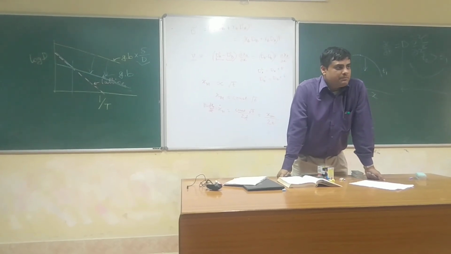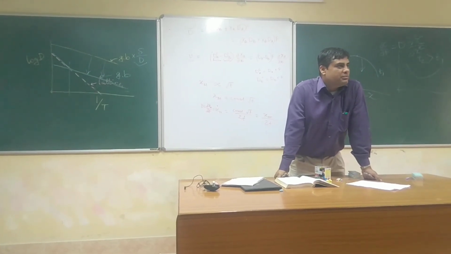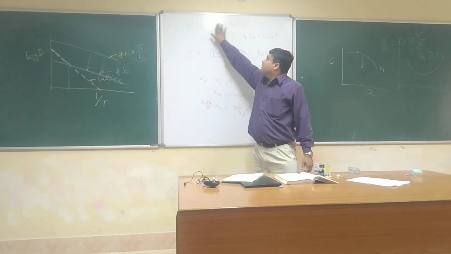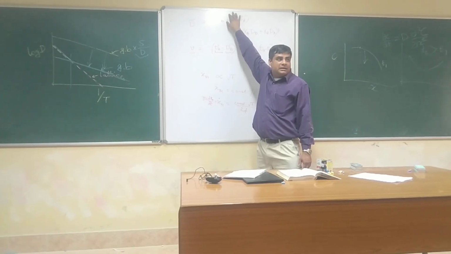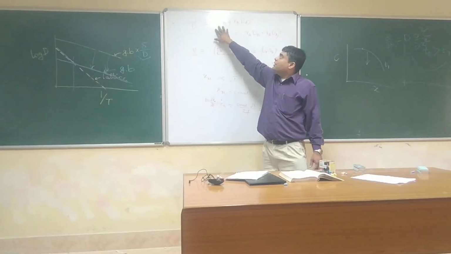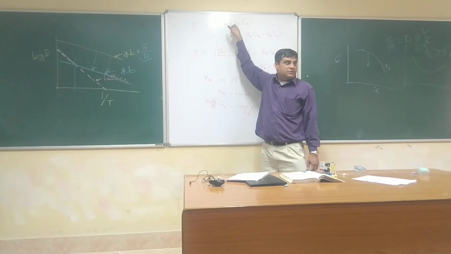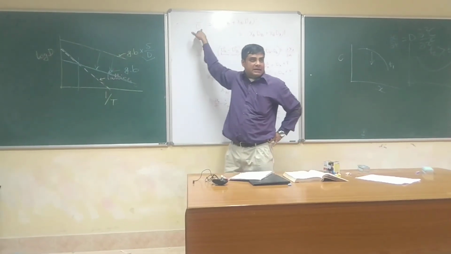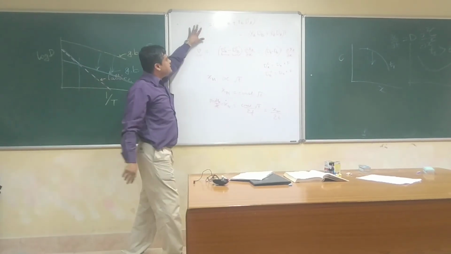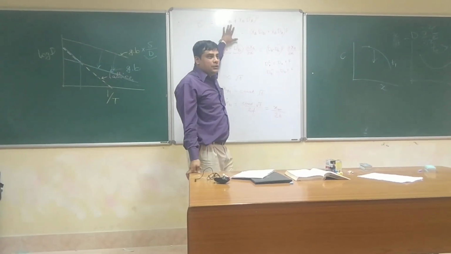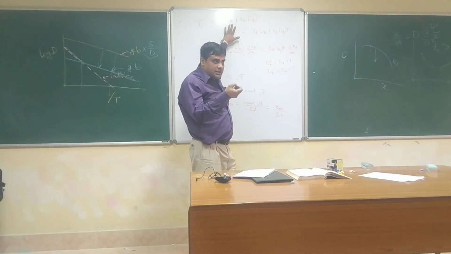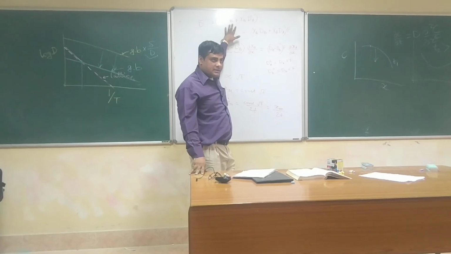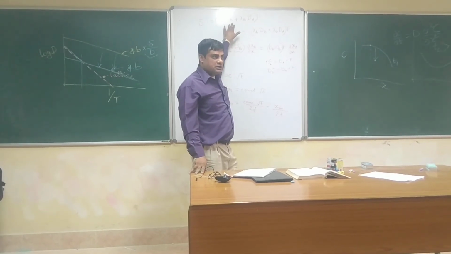If you have a small amount of B in A, where XB tends to 0 and XA tends to 1, that means your homogenization diffusivity, that is chemical diffusivity, will be equal to the solute atoms' diffusivity under chemical gradient. That is the impurity diffusion coefficient.